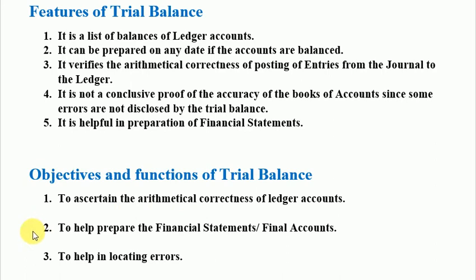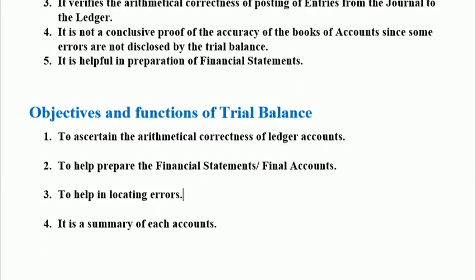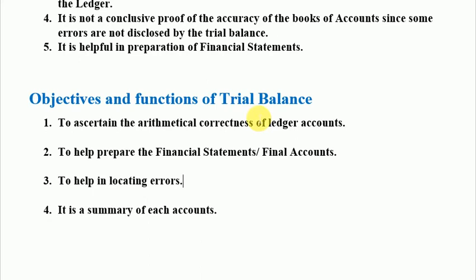Number two, to help prepare financial statements, which are also known as final accounts. Children, very soon after our half yearly exam, we will be moving on to the chapter on financial statements, which will teach us to find out the net profit of the business, which is called income, and then it will also teach us to prepare the position statement by making a balance sheet.